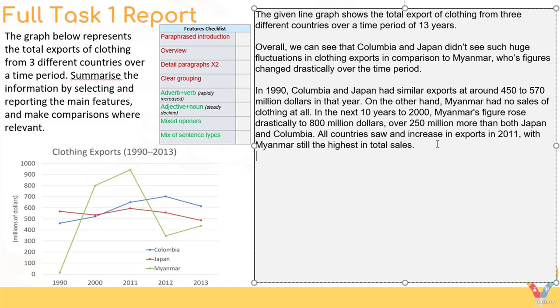So let's move on to detail paragraph 2. Let's begin with Myanmar saw a massive downturn in clothing production, in clothing export, let's say, in 2012, falling to around $350 million.